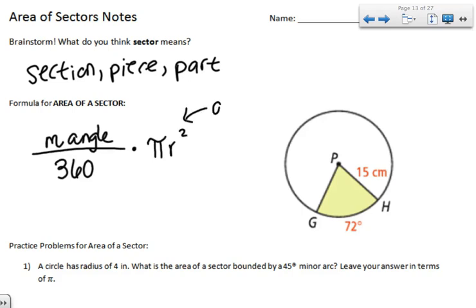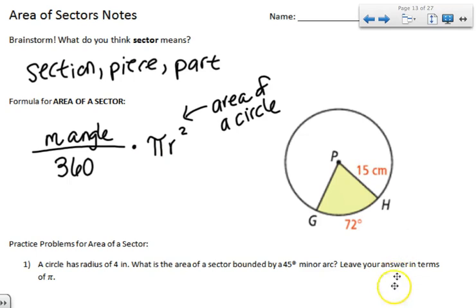And that comes from the area of a circle. So hopefully you know how to find the area of a circle from your previous classes. And then we're just going to find the central angle divided by 360 and multiply through. So very similar to arc length.